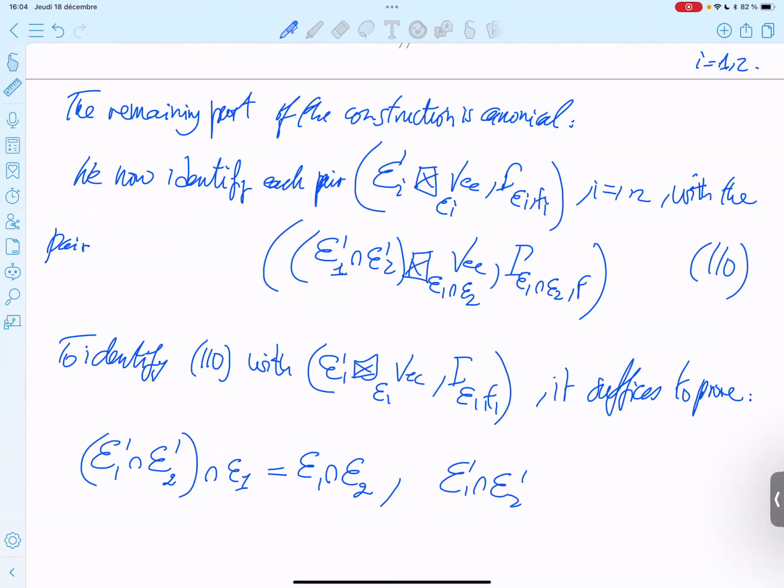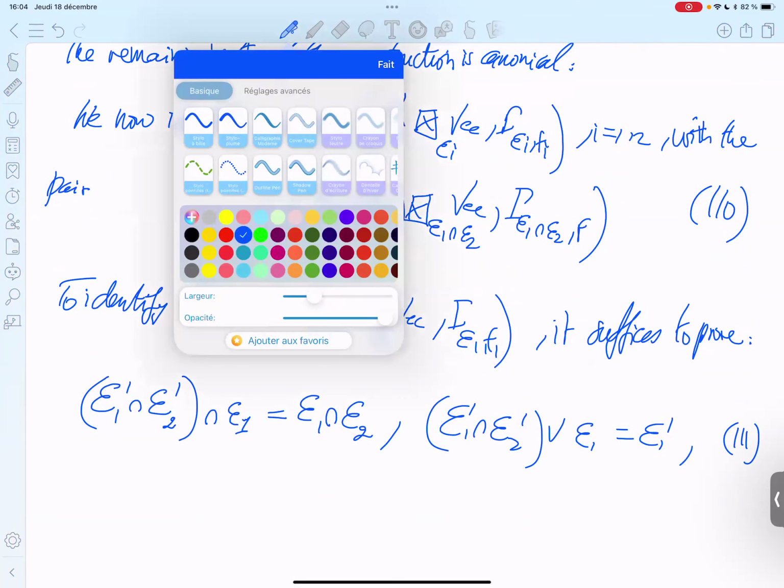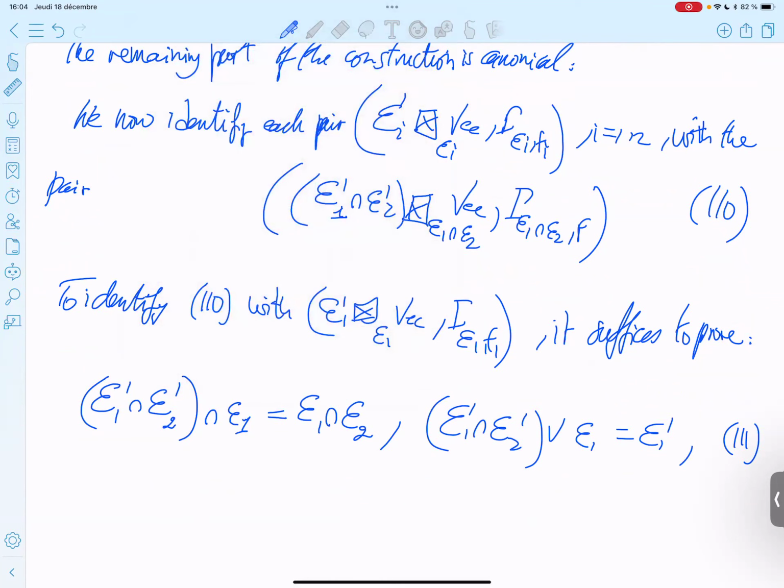So the intersection of E2 and the generated E1 is E1. It suffices to prove this by the corollary for 36.2.